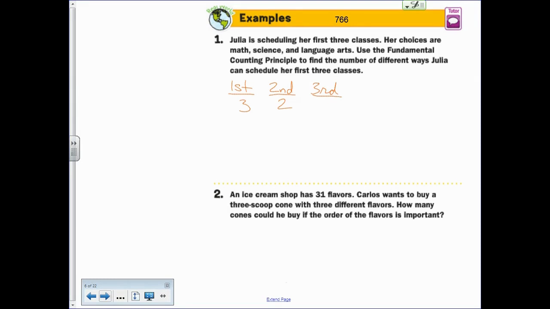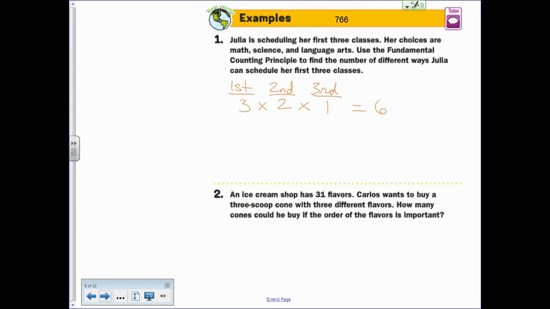So there's 3 outcomes for choosing the first class, 2 outcomes for choosing the second class, and 1 outcome for choosing the third class. If I'm using the fundamental counting principle, we know we're going to multiply those things together. So I would take 3 times 2 times 1, and I would find that there are 6 different ways that Julia can schedule her first 3 classes.